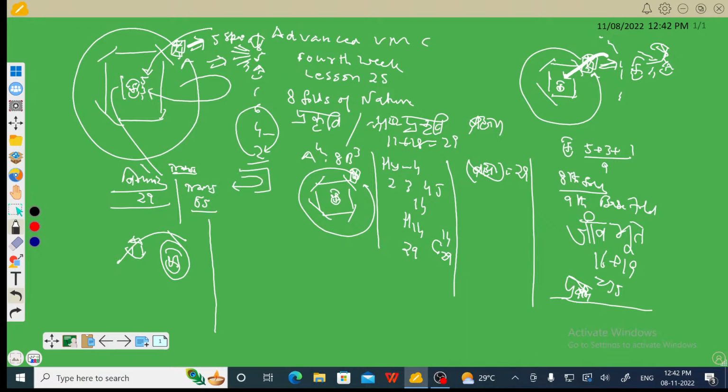Now, we have already seen that the first eight folds of nature are leading us to total TC value 141.